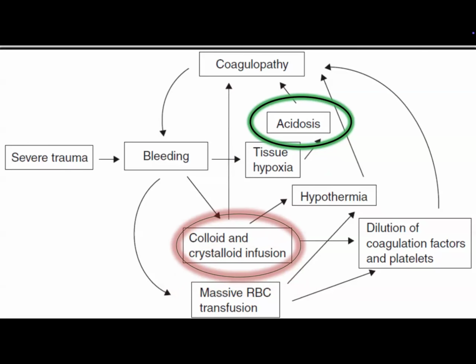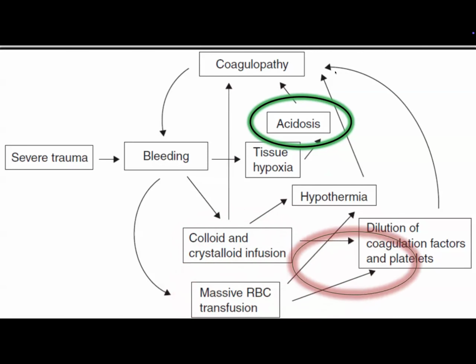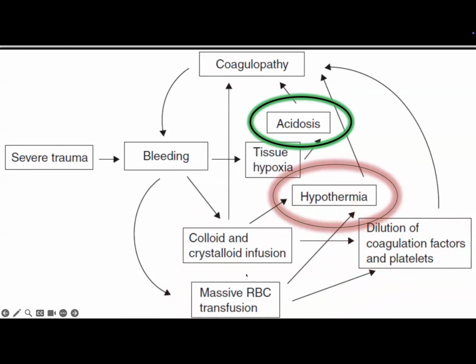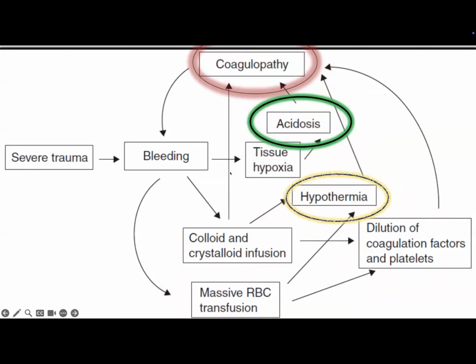Then, as a reflex, we try to give colloid or crystalloid infusion or massive RBC transfusion, since, as you now know, that does not lead to oxygen delivery. Anything of this kind can lead to dilution of coagulation factors and platelets, and because of giving cold RBCs and cold fluids, it can lead to hypothermia. So this ultimately leads to coagulopathy.